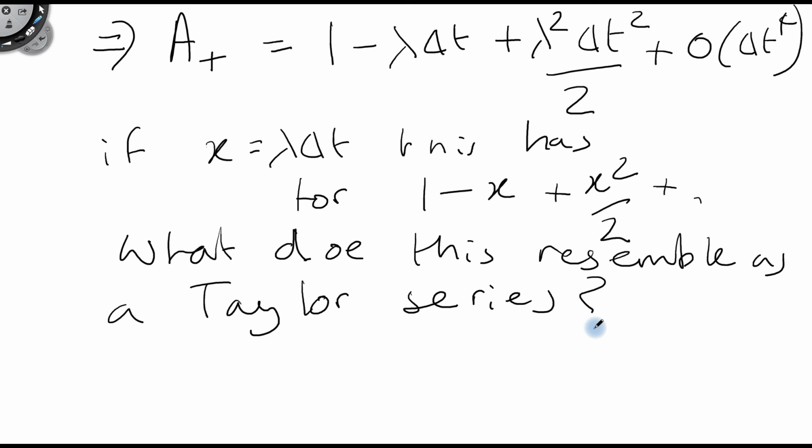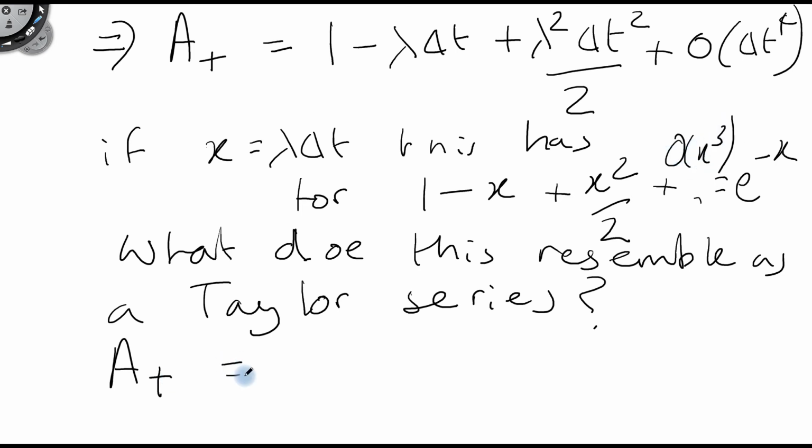Okay, so the answer is it's actually e to the minus x. So what we've done, we manipulated this solution of quadratic into a form that looks like an exponential, and because a true solution is an exponential decay, that's going to help us. So a plus, the key thing is that this is order x cubed.